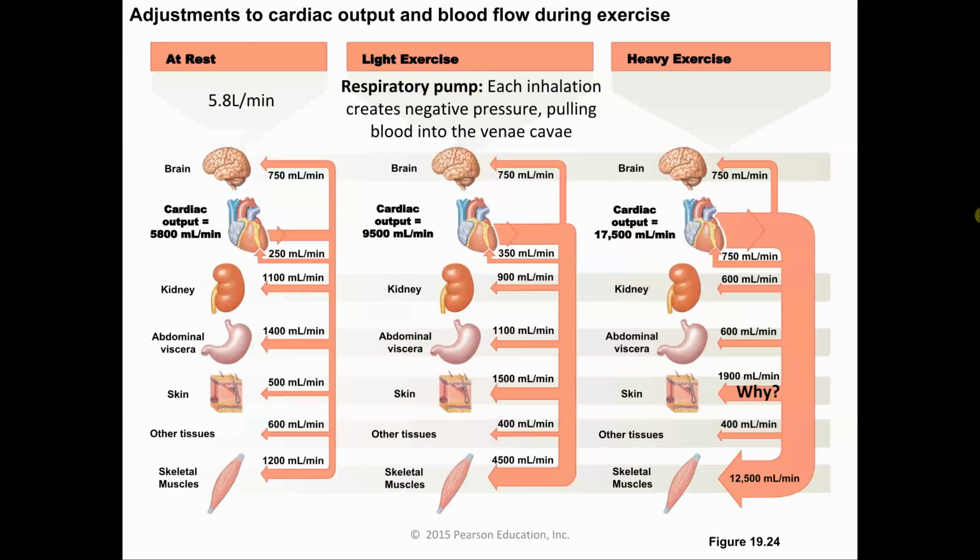So at rest, the average person is 5.8 liters per minute for cardiac output. And we've got about 750 mils go to the brain, 250 to the heart, kidneys, bone, viscera, skin, other tissues.